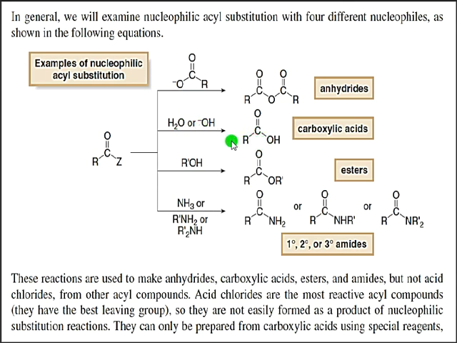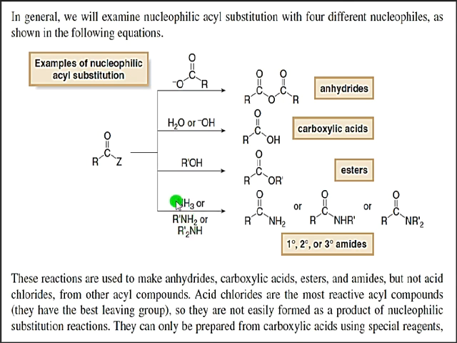In the third reaction, we use alcohol as a neutral nucleophile, and the product will be an ester. In the fourth reaction, we use ammonia and ammonia derivatives, the amine compounds.